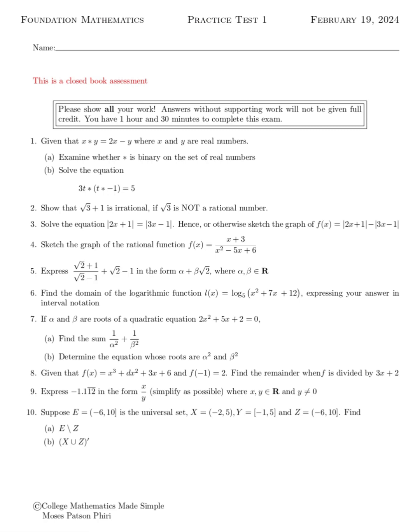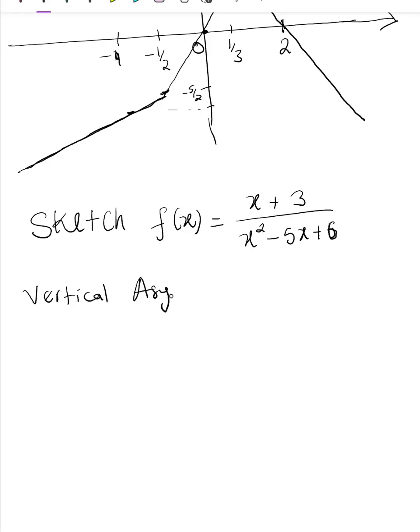Next, we want to sketch the graph of f of x is equal to x plus 3 over x squared minus 5x plus 6. So the first thing, I will locate the vertical asymptotes. You know that on the vertical asymptotes, the denominator is equal to 0. So x squared minus 5x plus 6 is equal to 0.